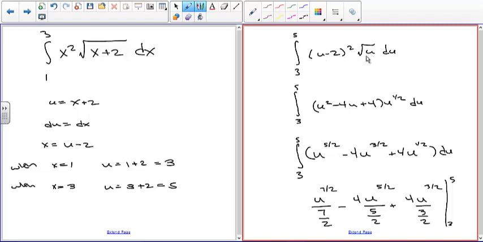For x plus 2, I've used the first substitution. And du is just dx. Then I use FOIL to get that.